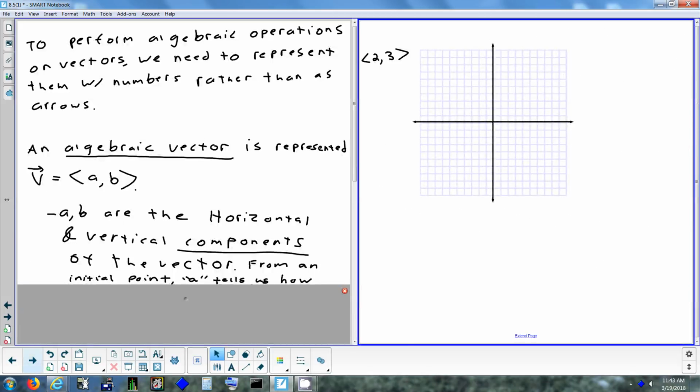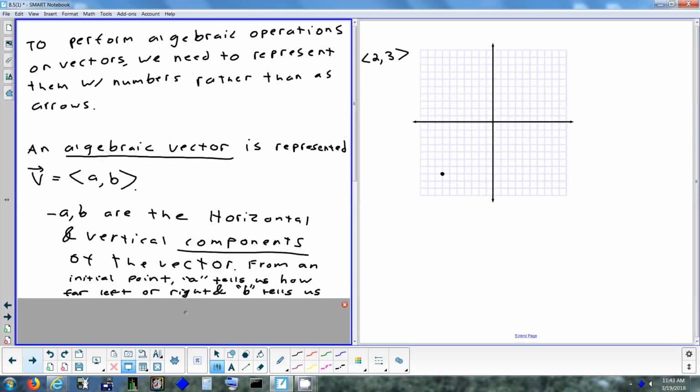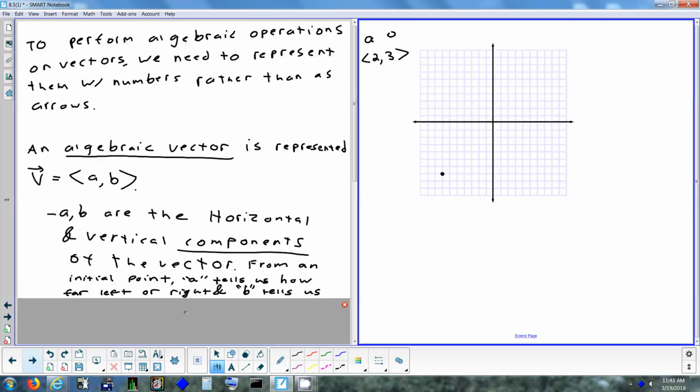So I've got the vector 2, 3. I'm going to pick a starting point, anywhere you want. A tells me how far left or right to go. So in my problem, this is A, that's B. A is 2. So from the initial point, I'm going to go 2 units right.